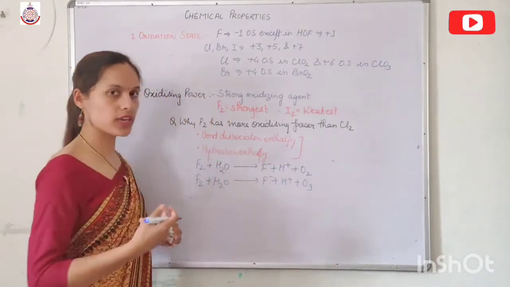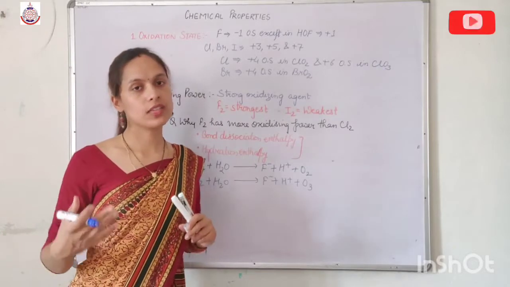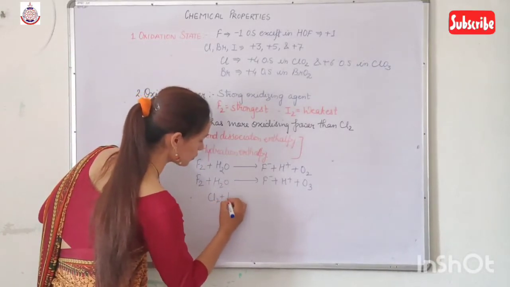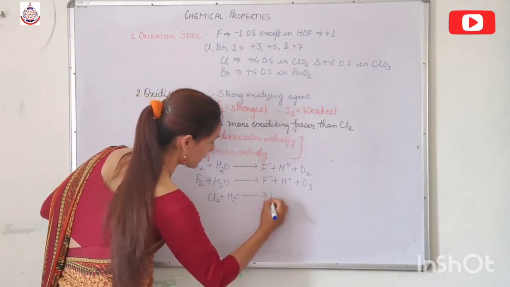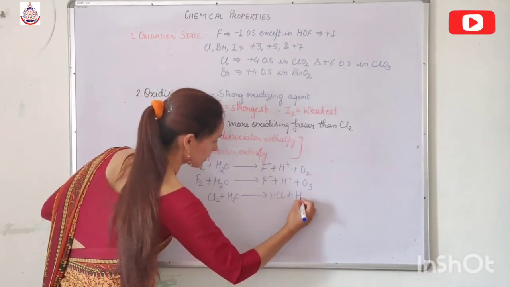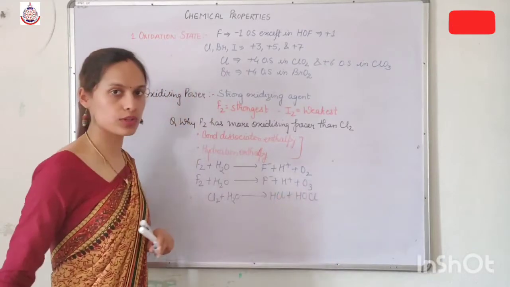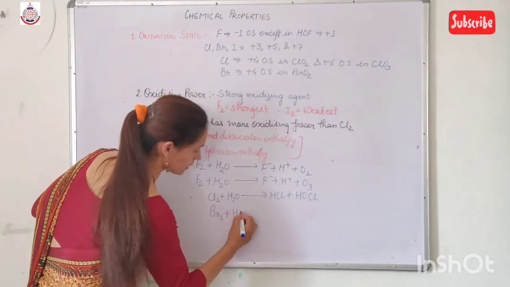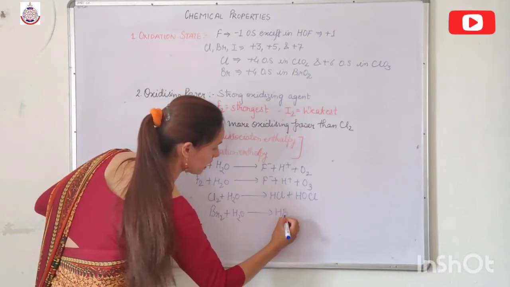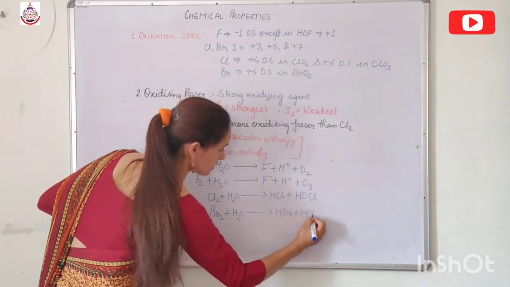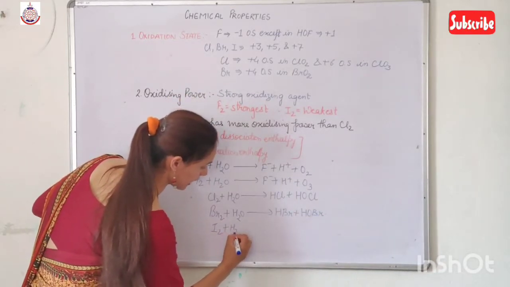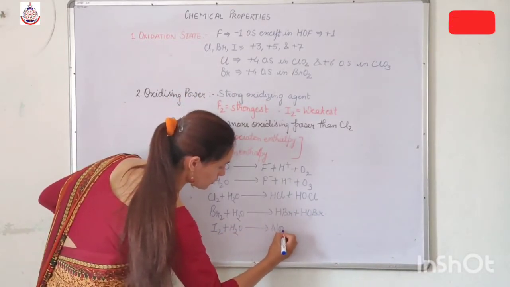So whenever fluorine reacts with water, it gives either O2 or O3. But when Cl2 reacts with water, I get HCl plus HOCl, that is hypochlorous acid. And when Br2 reacts with water, I get HBr plus HOBr, that is hypobromous acid. And the reaction between iodine and water is non-spontaneous.